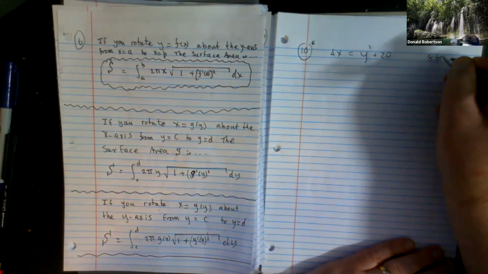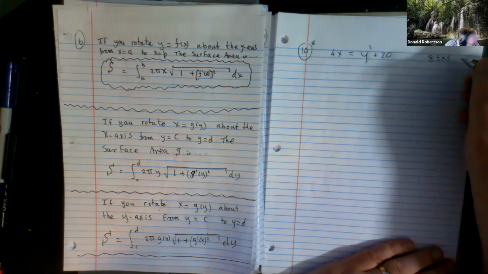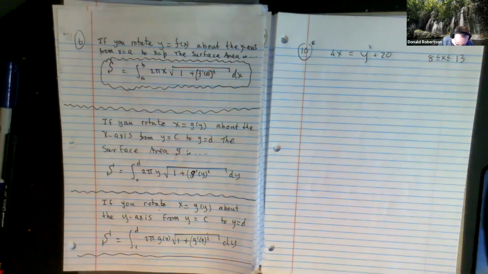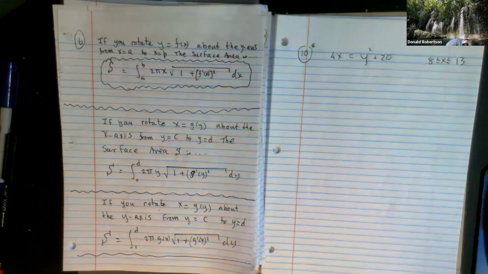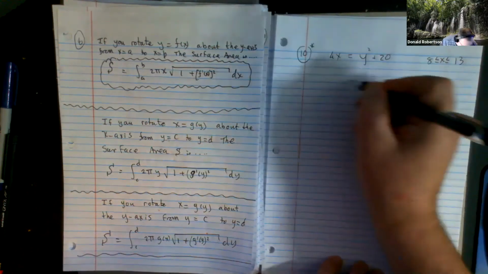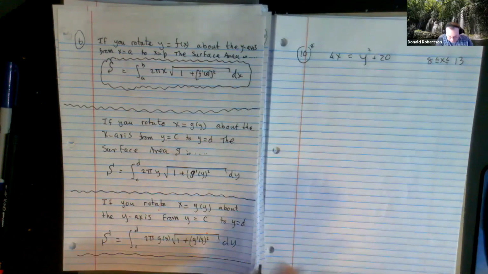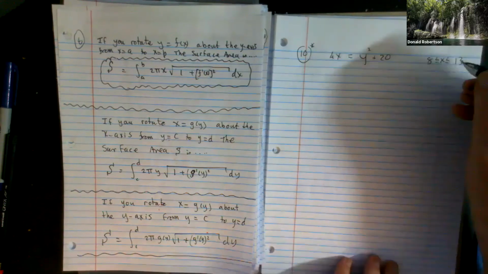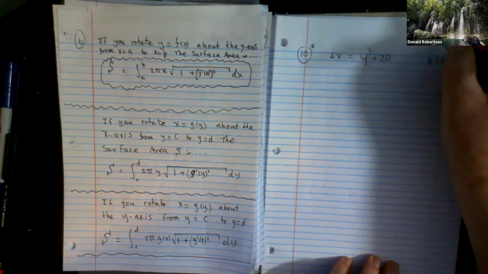I just noticed something which was kind of annoying, but nonetheless, we'll figure it out. This isn't quite x equals a function of y. Oh, and by the way, this is about the x-axis.